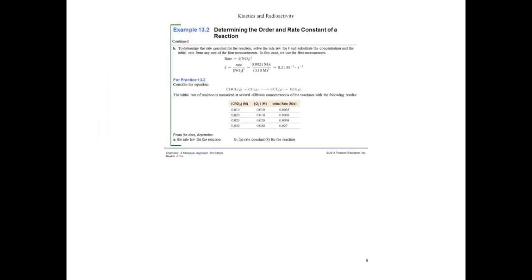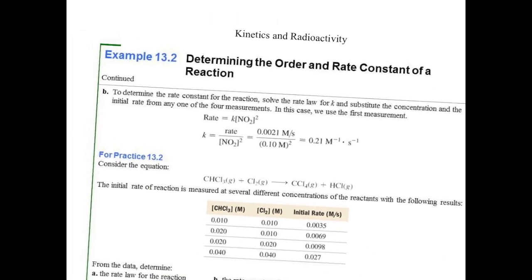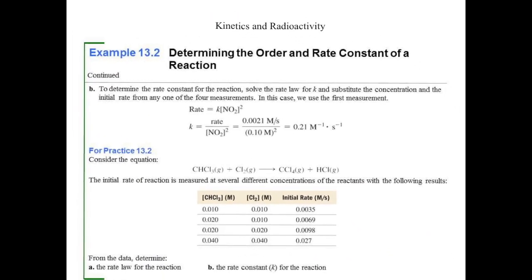So we just plugged it in, and this was the rate that occurred when NO2 was at 0.1 molar. But since there's a squared term here, we square this, and divide it into the rate. That's what we're doing here.